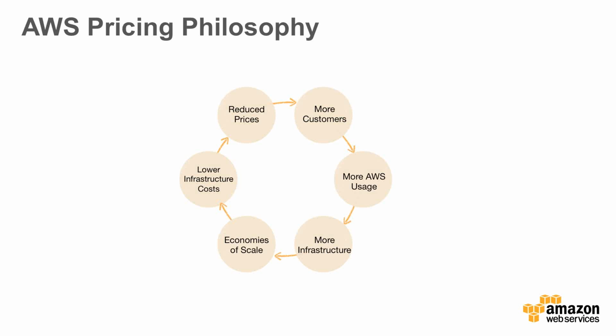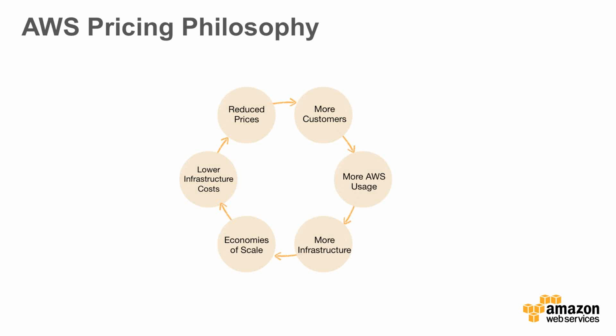This is a very different business than traditional IT, and we think we're quite good at running a high volume and low margin business. We have a virtuous circle which is illustrated by the diagram that you see in front of you. The virtuous circle goes, as we have more customers using AWS, we buy more infrastructure.